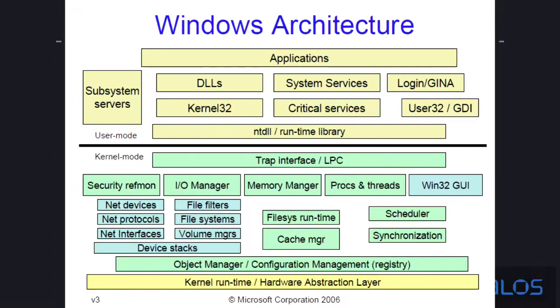Then you have this boundary that you cross using a system call or some kind of call gate. There are a few Intel instructions that allow you to do that. If you're on 64-bit Windows running 32-bit code, then you have another call that goes from 32-bit mode to a 64-bit mode kernel, like a gate. But generally it's like that.